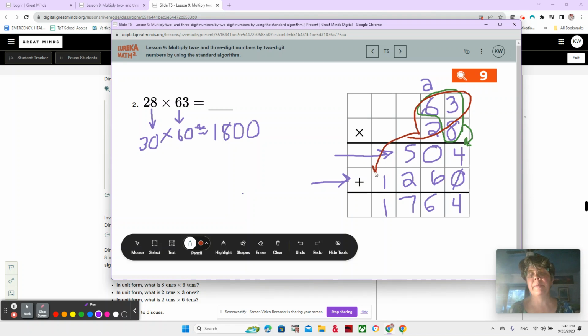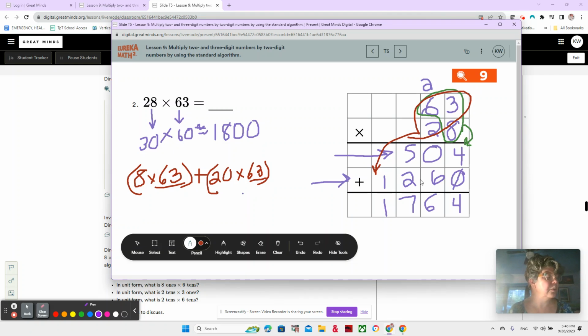So if you're thinking about the distributive property that we talked about in the last lesson, we could say that we're breaking our 28 into 8 times 63 plus 20 times 63. Do you see how we're distributing the 63 to both the 20 and the 8, and the 20 and the 8 are from the 28.